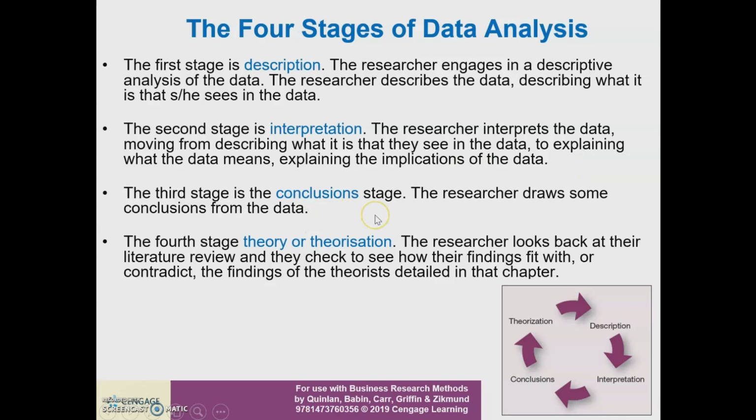Third is where you draw conclusions from your findings. And finally, you look back at the literature review and check how similar or different their findings are with yours. This final part is basically the theorization process.